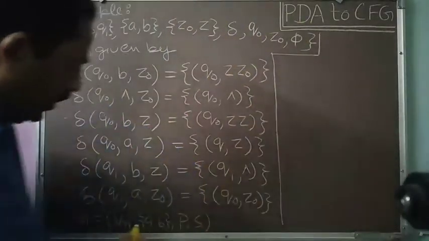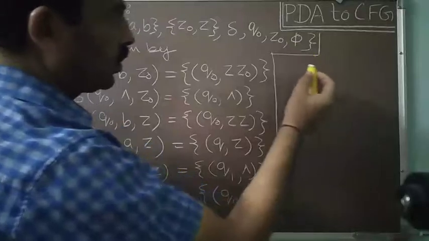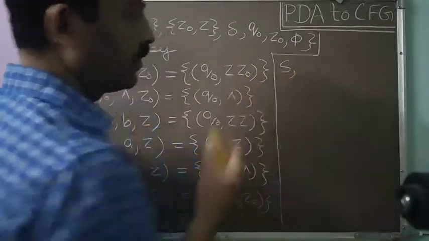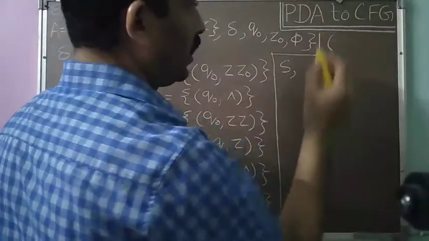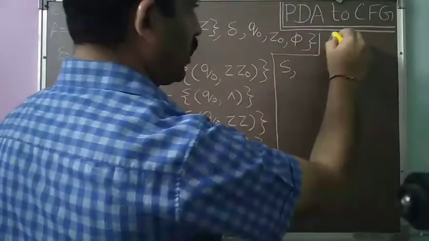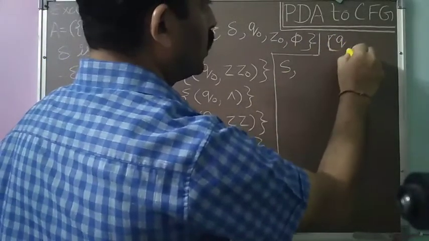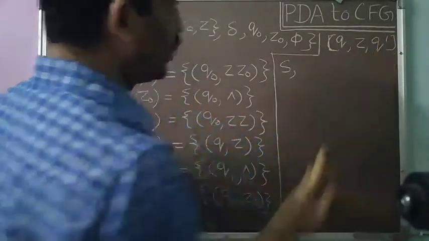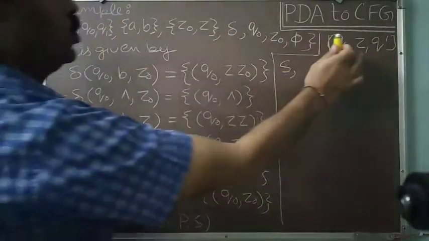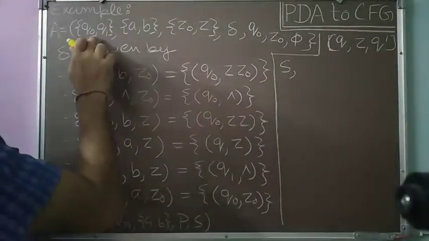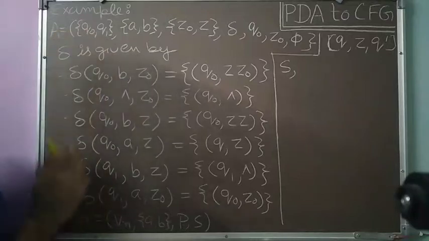So in step 1, when we have to find Vn, there will be one variable S. S will be there in Vn, and there will be variables in the form of ordered triples. That ordered triple is Q, Z, Q dash, where Q and Q dash belong to the set of states. So Q may have the value either Q0 or Q1. Similarly, Q dash may have the value either Q0 or Q1.